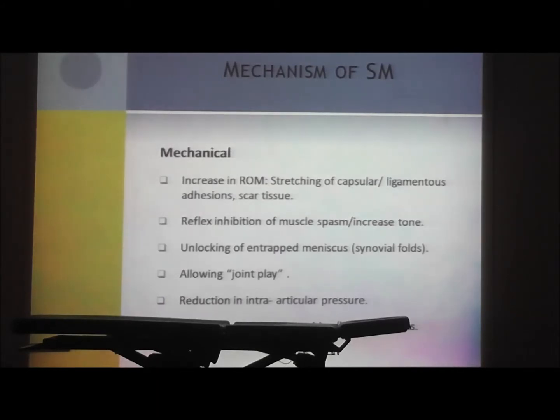Okay, what is the mechanism of spinal manipulation? What is the effect? What will happen? There is a mechanical effect, increased range of motion, stretching of the capsular and ligamentous adhesions and scar tissue. And also there will be a reflex inhibition of the muscle spindle, which increases the tone.